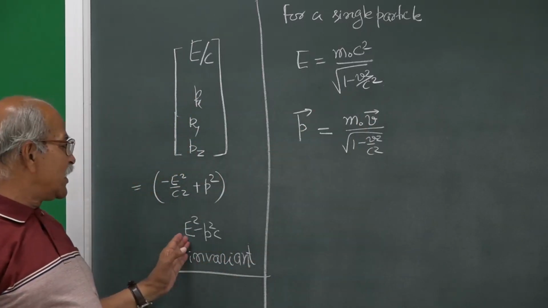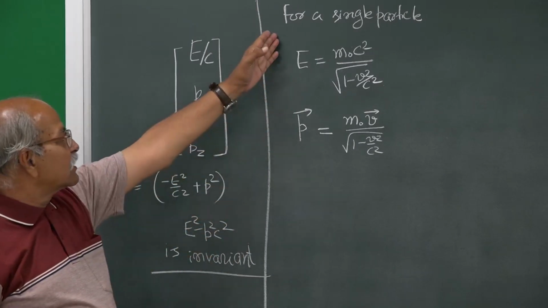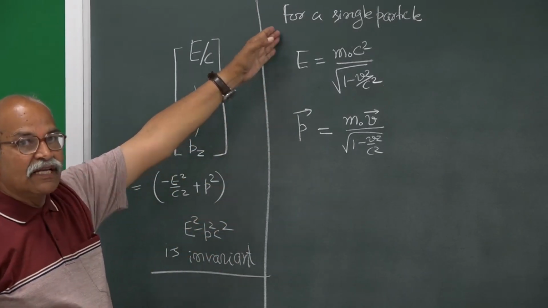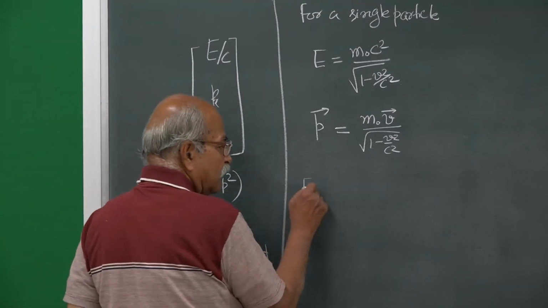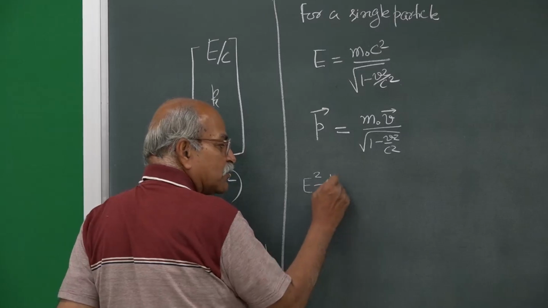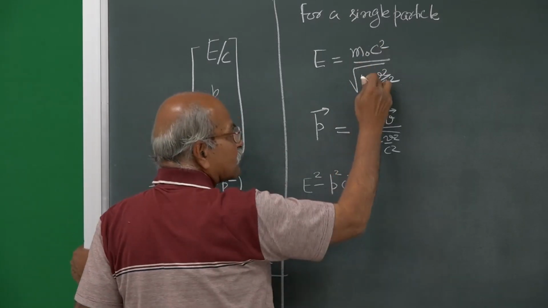So what is E square minus P square c square? For this particular case, a single particle, you can calculate from here. So E square minus the magnitude of linear momentum square times c square is equal to the square of this.